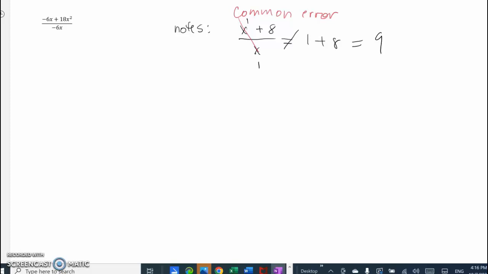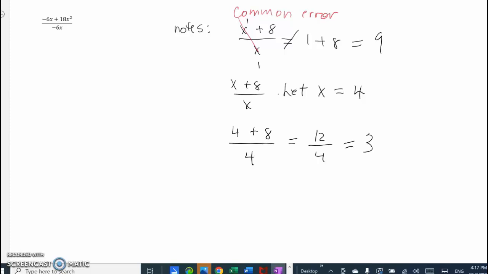So let's take this example of x plus 8 over x, and let's say x is any number. I'm going to choose it to be 4, only because it's a convenient number. So when I use substitution, I get 4 plus 8 over 4. Hope you agree, right? I just plugged in the 4's, and we get 12 over 4, and the real answer is 3.